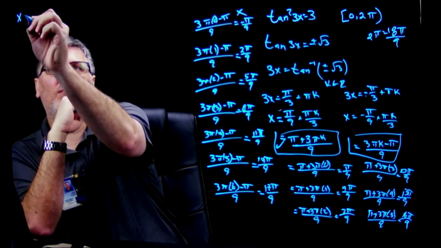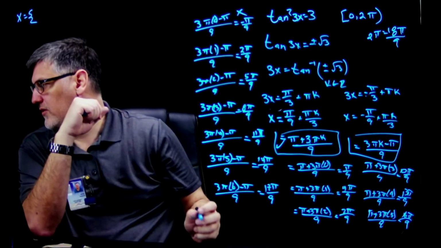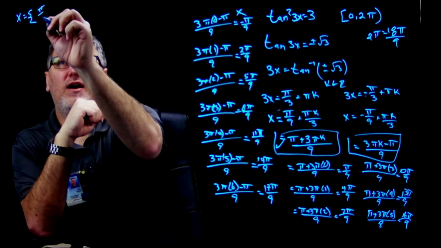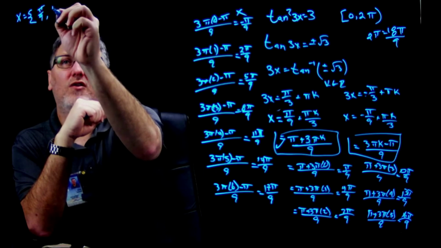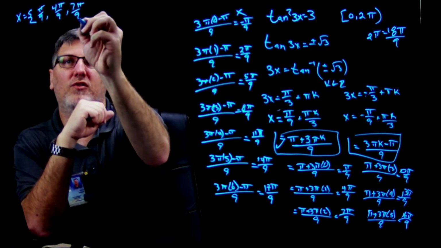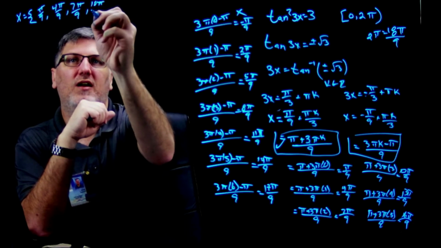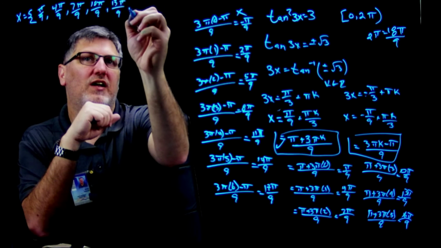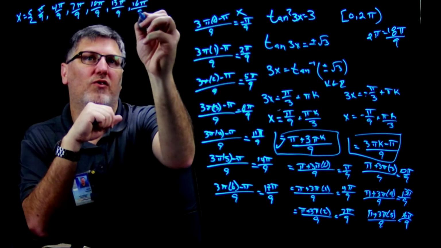So in this case, my x equals pi over 9, 4 pi over 9, 7 pi over 9, 10 pi over 9, 13 pi over 9, 16 pi over 9.